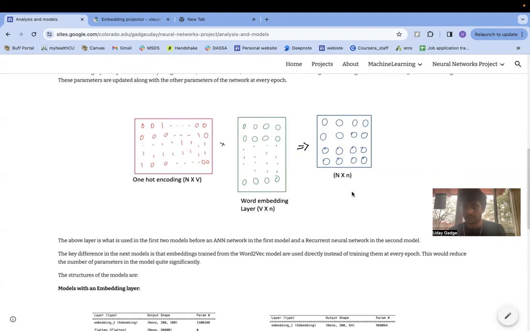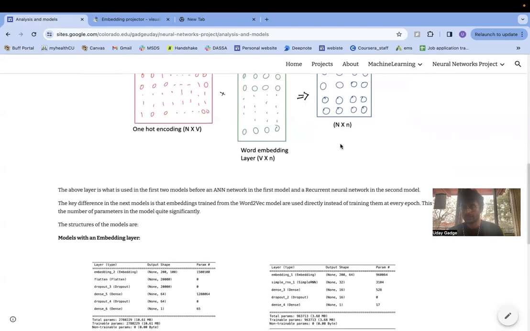And then once we get this two-dimensional matrix, it can be flattened and sent through an ANN. It can be passed through a CNN, or we can do RNN. So there are multiple options this goes through.